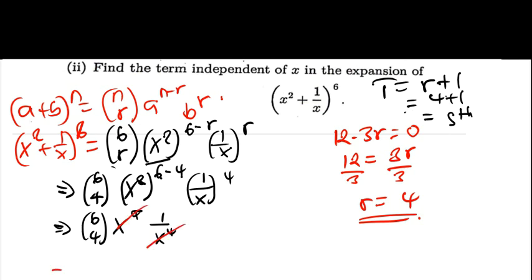So indeed, r equal to 4 is correct, because it gives us a term that doesn't have x.